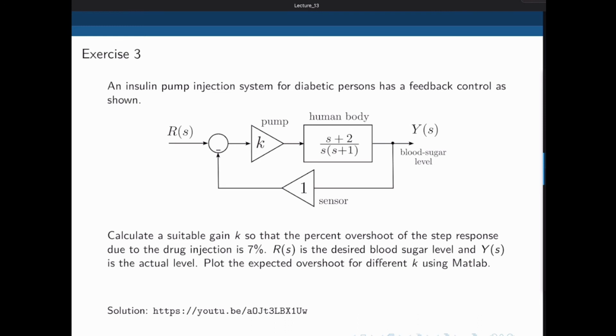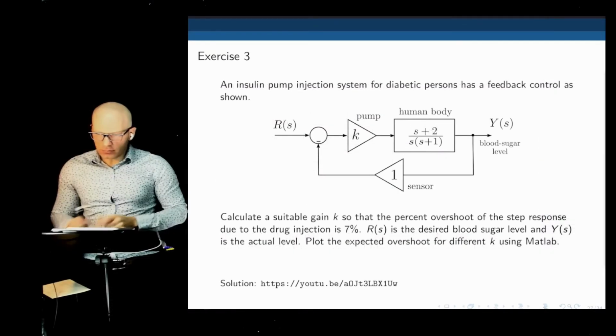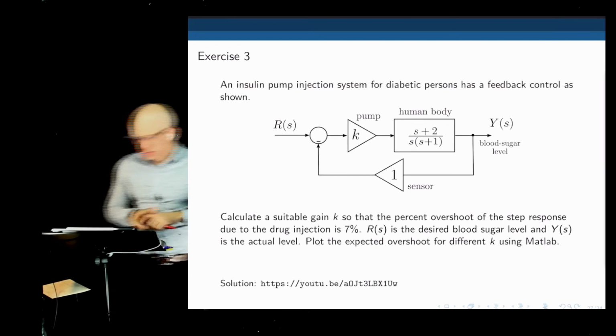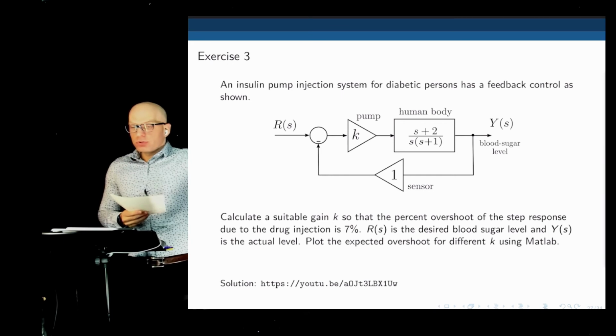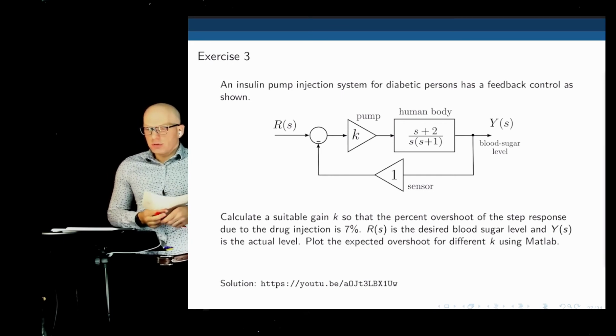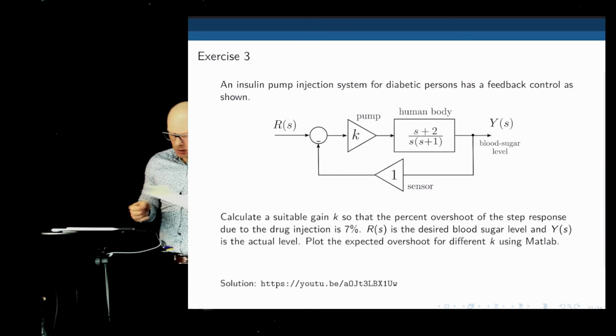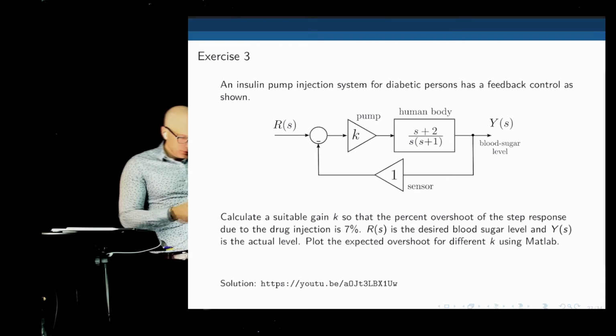Okay, I have 5 minutes and I don't want to go over time for every lecture. So maybe I should just talk less. I'm just going to give you the transfer function here for the closed loop system. It's just math, and I will post the full solution online.